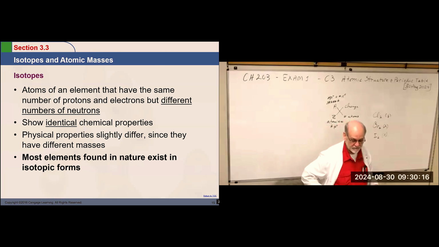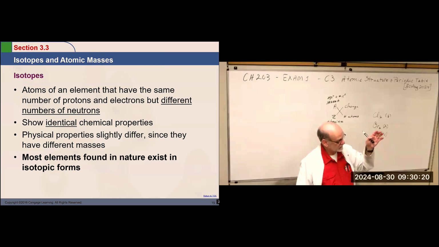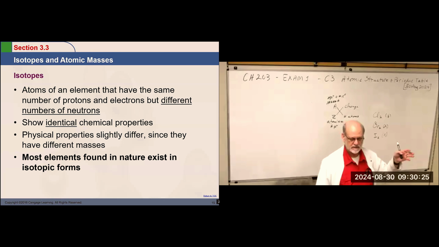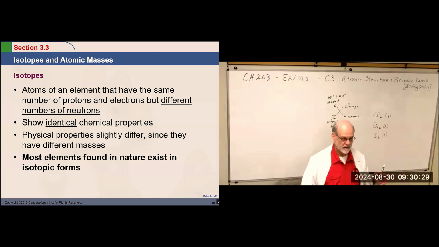And then we have isotopes. Every element in that periodic table is a composite of different isotopes. Most of them have a dominant single isotope, and then you have some minor isotopes.